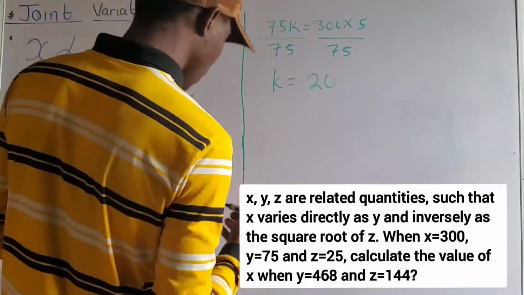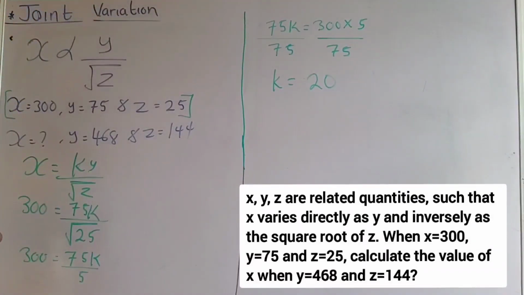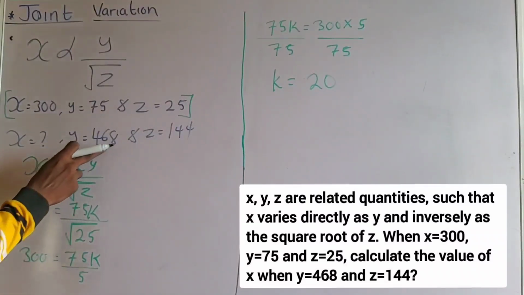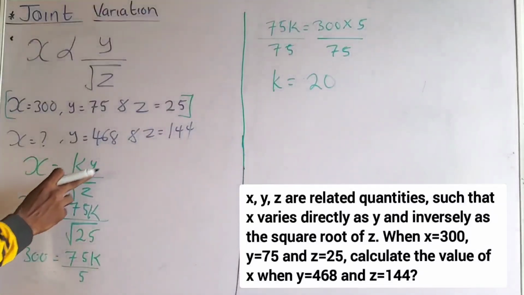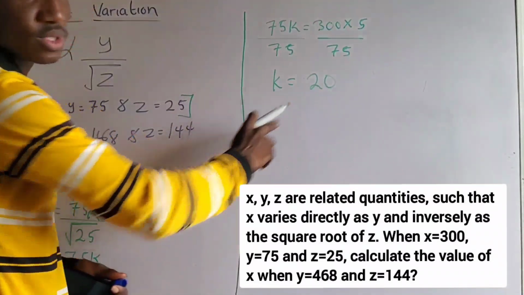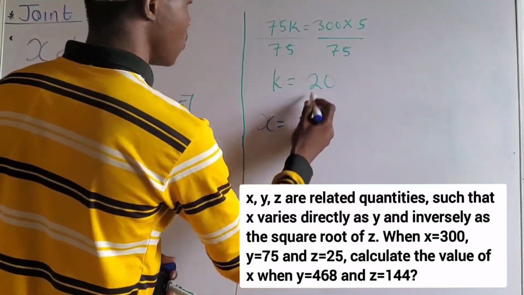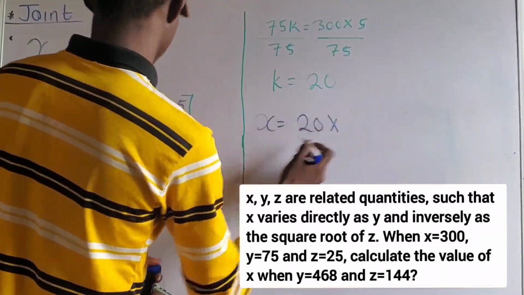Okay, so having gotten the value of k, we can now calculate the value of x when y is 468 and z is 144. Don't forget that this is the relationship x equals to ky all over square root of z. So to get the value of x, I just have to replace the value of y as 468 here, z as 144 here, and k as the value that I got, which is 20. Okay, so x is equals to k, which is 20, multiplied by y.